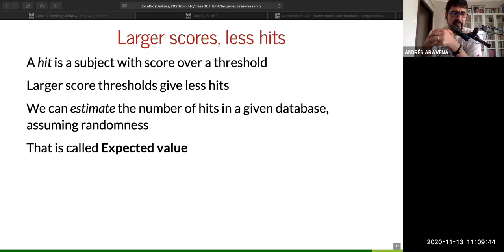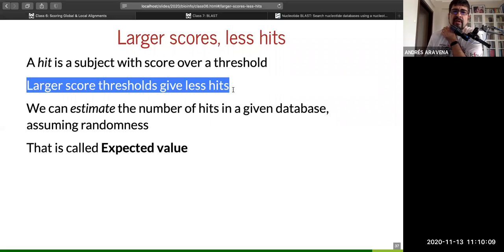So basically, maybe what you want to think is like, I want to have a score that is so high that I will have very few results, because I believe that these results will be meaningful. Okay. Now, idea number one, large scores give fewer hits.